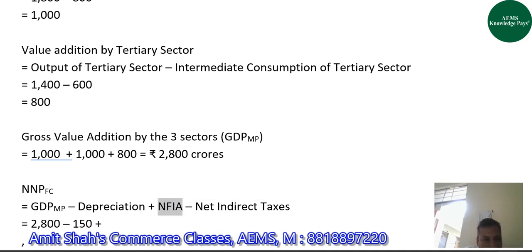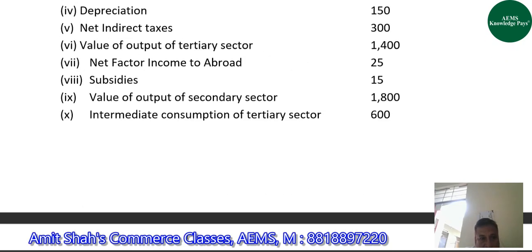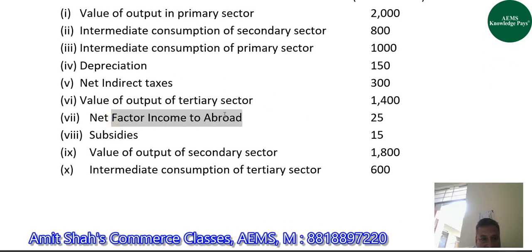Net factor income from abroad. However, we have been given net factor income to abroad. Sometimes in a question you may have this information instead of net factor income from abroad to confuse you. When net factor income to abroad is 25 crores, it means net factor income from abroad is minus 25 crores. They both have different signs.